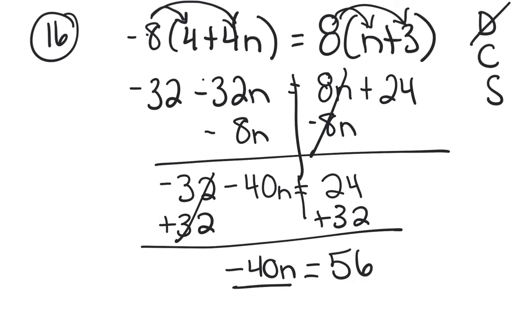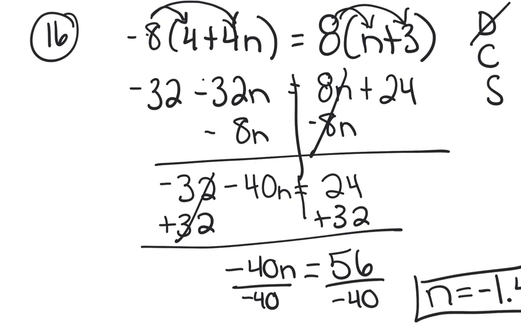Okay, and then we're going to divide by negative 40 and divide by negative 40 on both sides, and we'll be left with n equals. So we have to think a positive divided by a negative is going to be a negative. So we have negative 1 and 4/10, or 1.4. So that is how you would solve that.